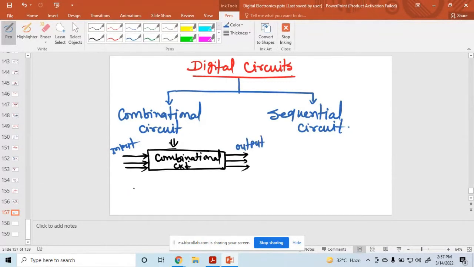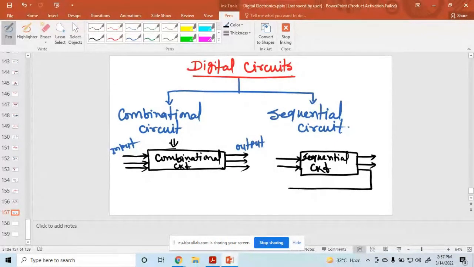So this type of block diagram is a combinational circuit, but in a sequential circuit, this is the input, output, and here one of the outputs comes back as input.